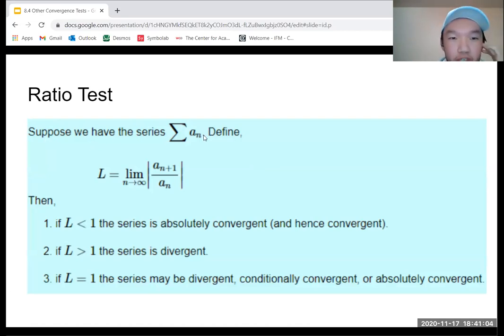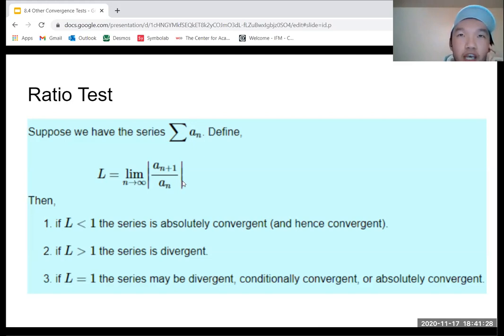Suppose we have the series a sub n. So define L as the limit as n goes to infinity of the absolute value of a sub n plus 1 over a sub n. So let's just take a look at the inside part. So a sub n plus 1 over a sub n.